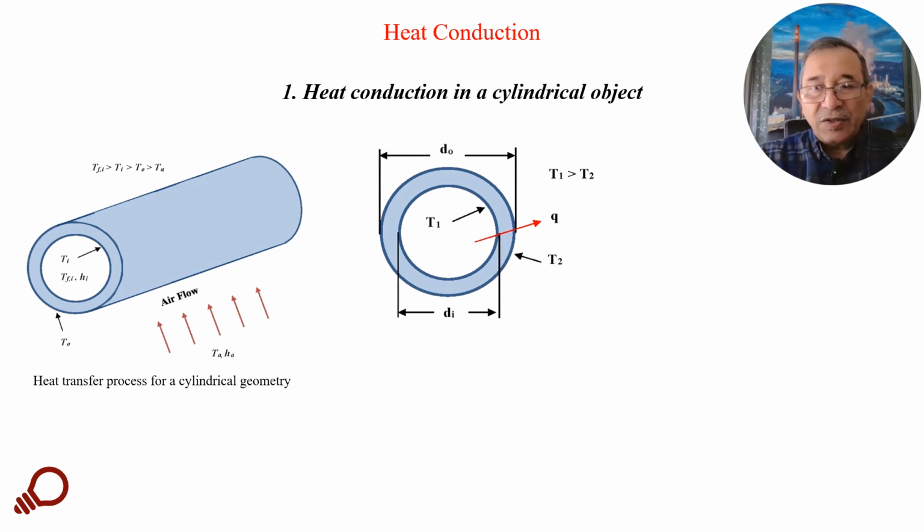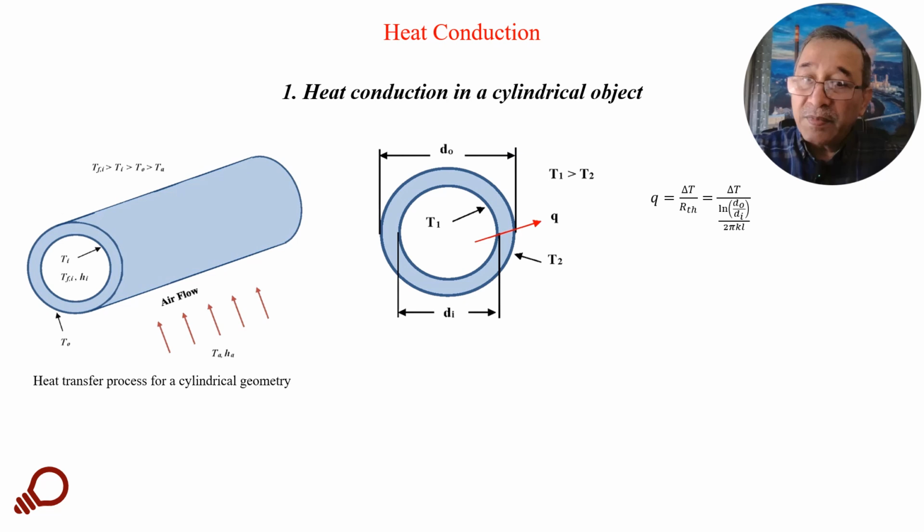But let us focus on the tube itself, how heat can be transferred through its body and its thickness in the radial direction. So we have the inside temperature Ti, and we have the outside temperature, which is less than the inside temperature. So we will expect heat to be transferred in the direction from inside to outside.